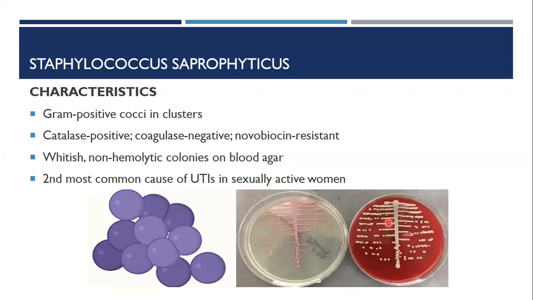Now, if you recall, the most common cause of UTI in women is actually Escherichia coli. So during history taking, for you to really consider Staphylococcus saprophyticus, you have to ask the sexual history of the patient. If the patient is sexually active and having UTI, you might as well consider Staphylococcus saprophyticus.